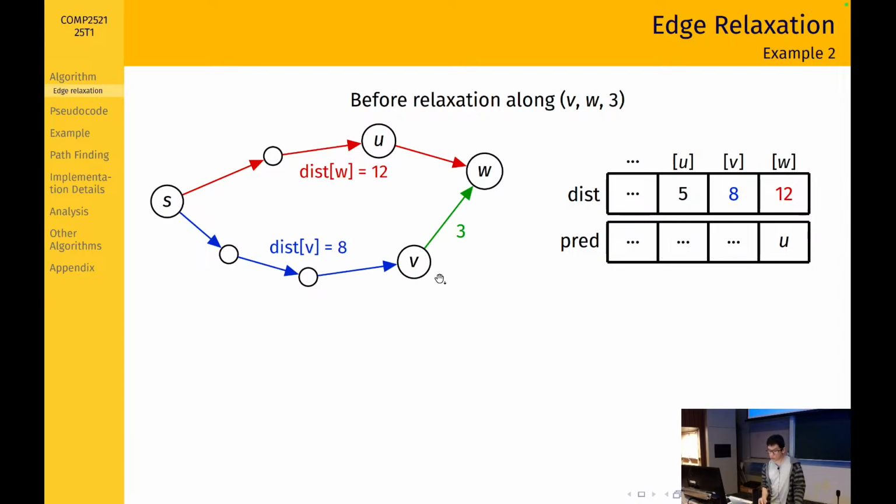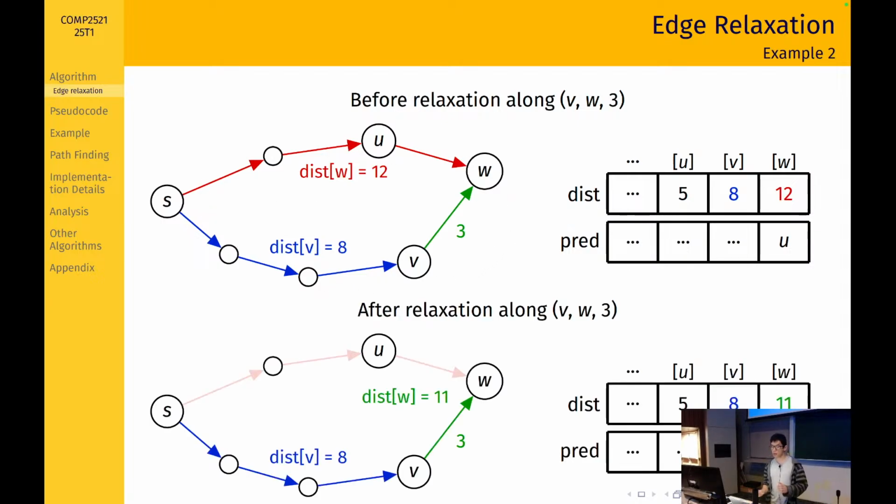Okay, so now we're considering this edge from V to W, whose weight is 3, and we see that this gives us an actual shorter path from S to W, right, which costs 11. Okay, so after we relax along this edge, we'll have updated the distance to W to 11, and we'll have also updated the predecessor of W to V.